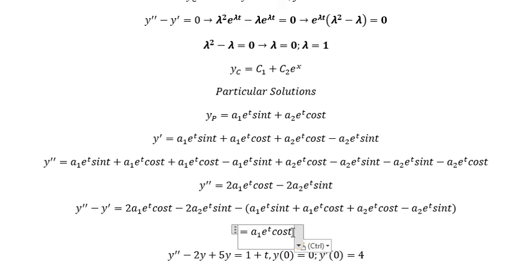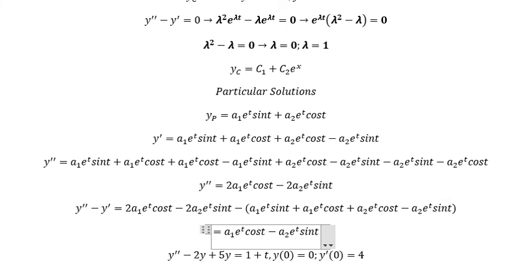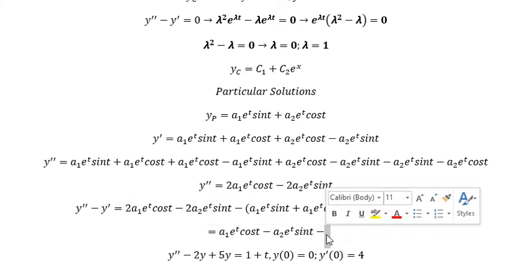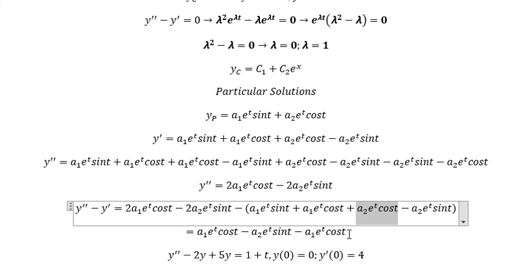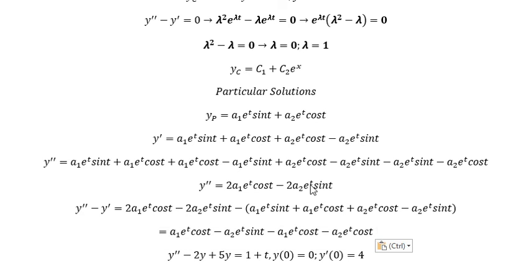So you got about negative A2 et sine t minus this one and this one. This is sine t, not cosine t.